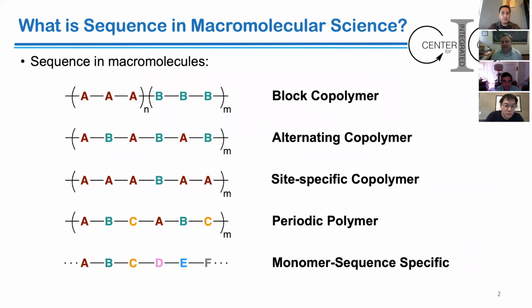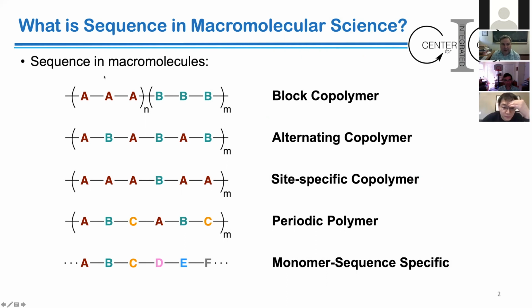What is sequence in molecular science, and why is it important? So we'll start off with the first thing. You can think about sequence in polymer chemistry in a lot of different ways. I've highlighted some canonical kinds of ways that people think about sequence. So you can make a polymer consisting of different monomers, and those monomers can be organized in different ways in a polymer.